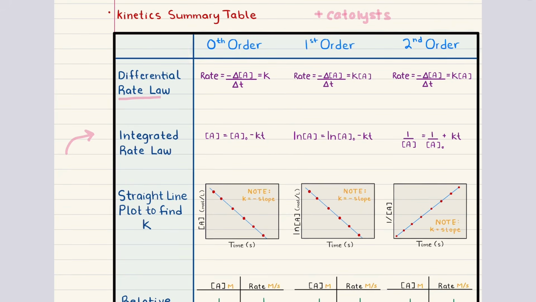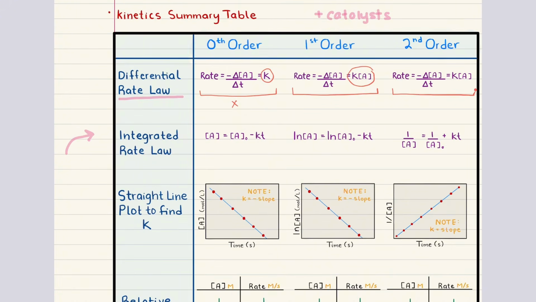It reminds us that the differential rate law tells us how the instantaneous rate depends on concentration. For a zero-order process, the rate equals k, and it doesn't depend on how much reactant you have. For a first-order reaction, the rate equals k multiplied by the concentration of A, so the rate changes directly with concentration.